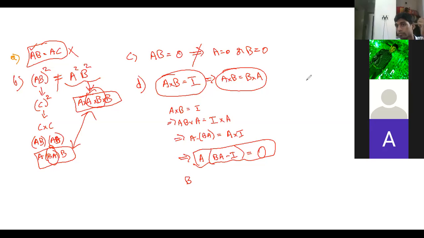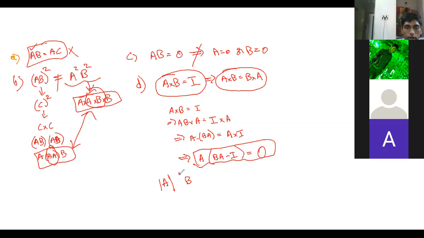I have one small idea. You see, if the product of these two is a null matrix, surely we can tell that the determinant of A is not 0.